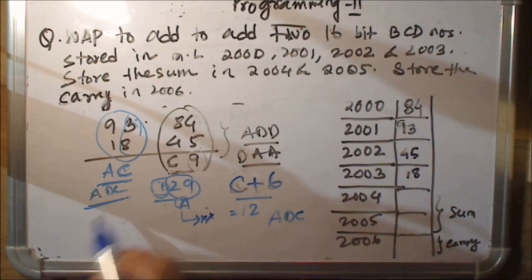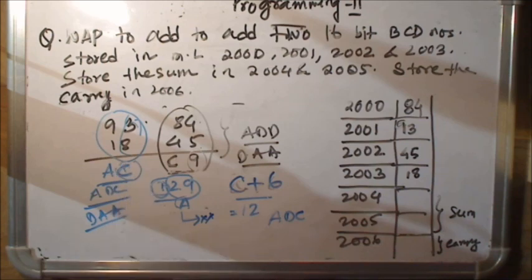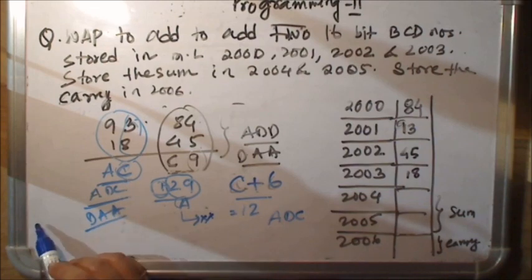Okay, now on this answer you perform DAA again. So first you look at the lower nibble of the higher byte result, which is C. C is greater than 9, right?